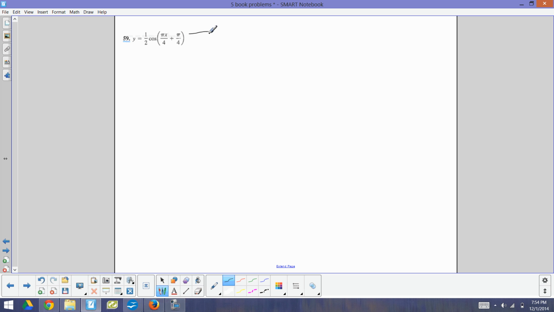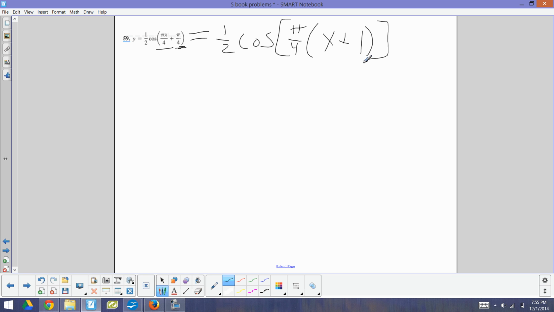So I am going to rewrite that as 1/2 cosine, and I'm going to factor out a pi over 4. When I factor out a pi over 4 from the first one, I'm left with just x. Remember, factoring out is like dividing by pi over 4. When I factor out from the second one, pi over 4 divided by pi over 4 is 1. There, it's in the right format.